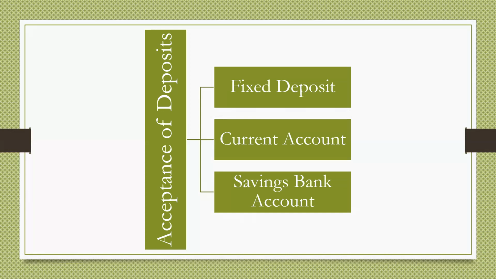Money can be withdrawn with a check or withdrawal slip. Interest is given on the basis of monthly balances, whereas the rate of interest is low when compared to all other accounts. Current deposits and a large portion of saving deposits are known as demand liabilities.